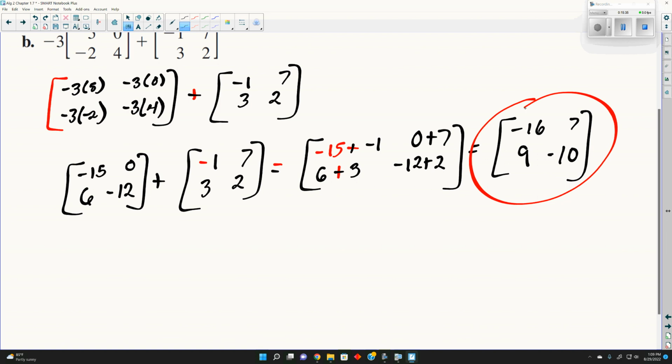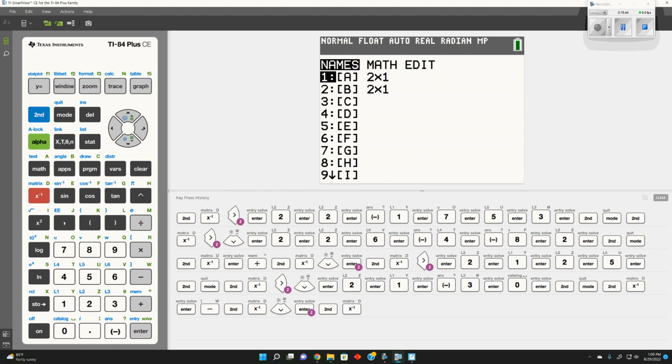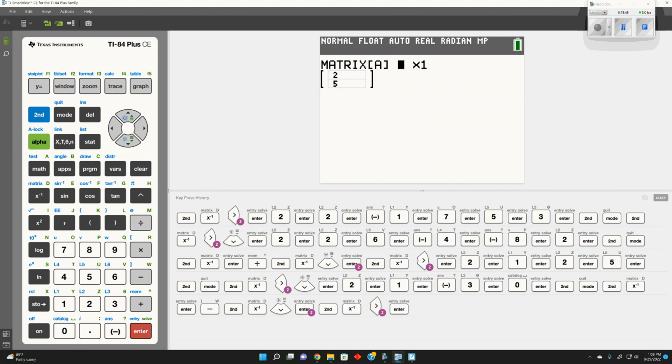Now, we could have done this in the calculator. Because what we could have done is define matrix A. So gone second matrix over to A and said that it's a 2 by 2.